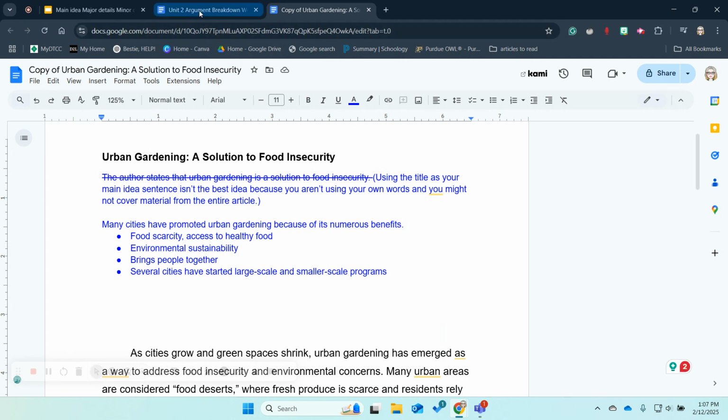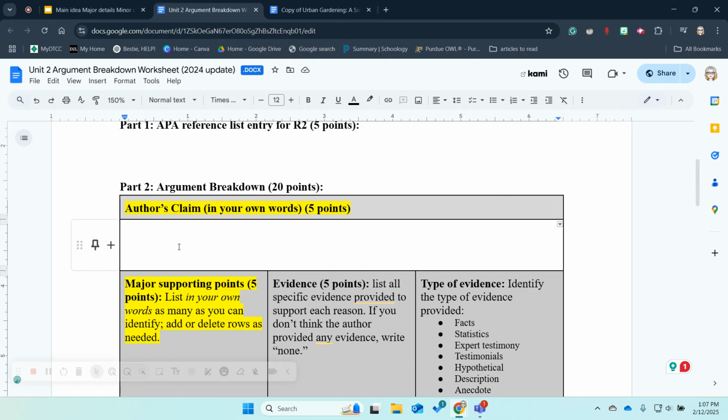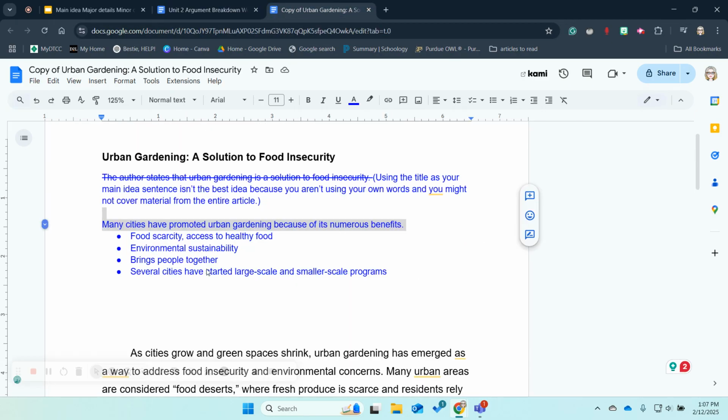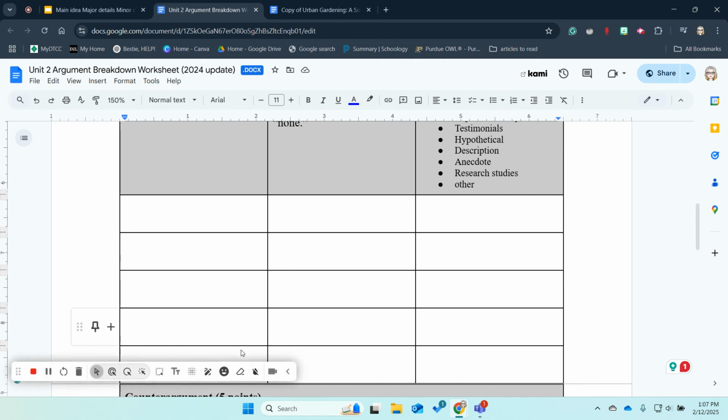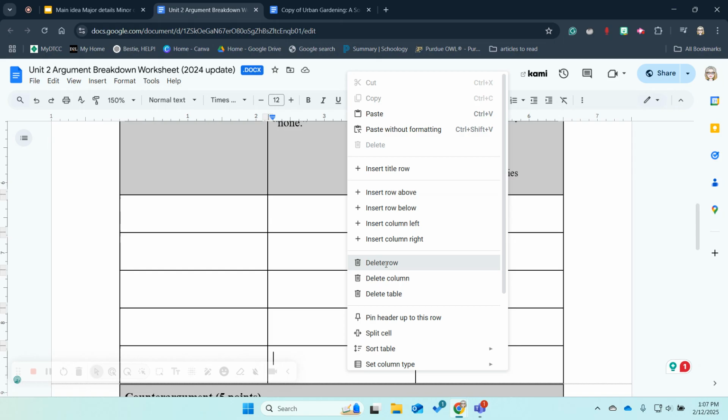The way that would look over here on the argument breakdown, if we were doing the argument breakdown on this one, I'm just going to do this real quick. Go over here, our major supporting points. We only have 4, so I could take out this extra one if I wanted to. Delete row.